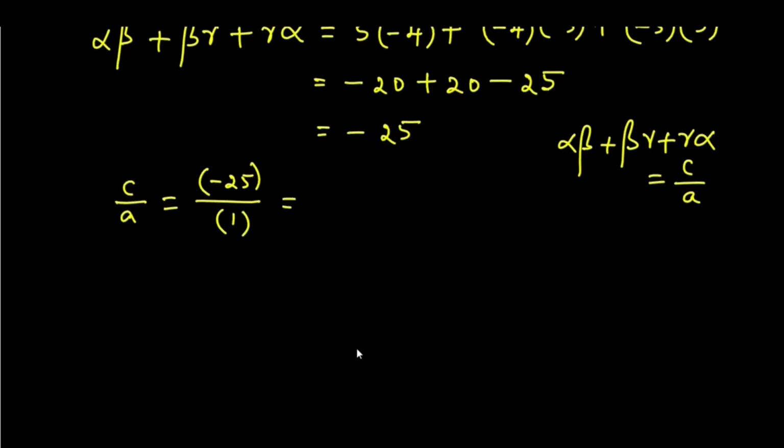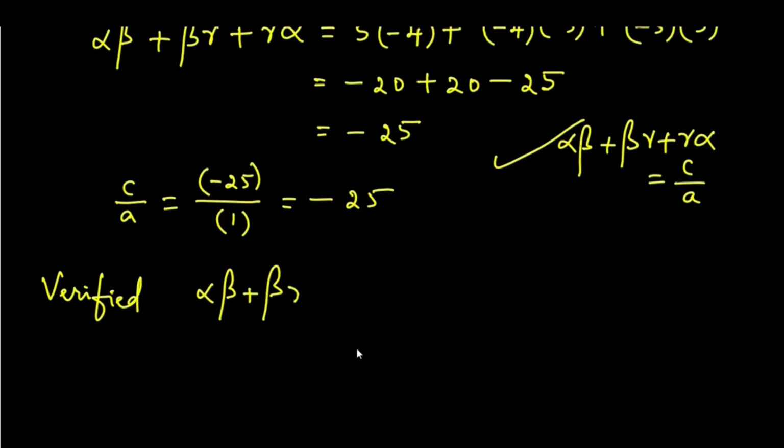So c by a is minus 25. So this relation is verified. Alpha beta plus beta gamma plus gamma alpha is equal to c by a.